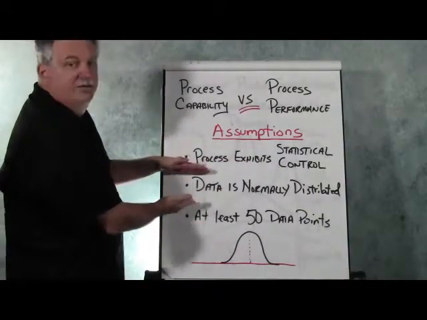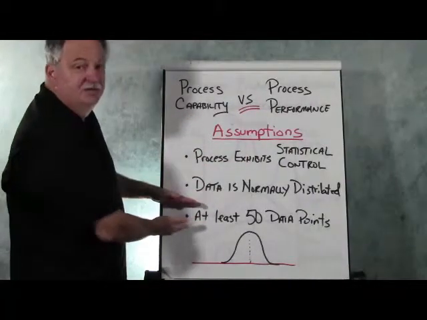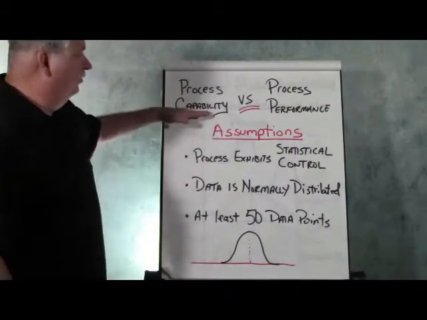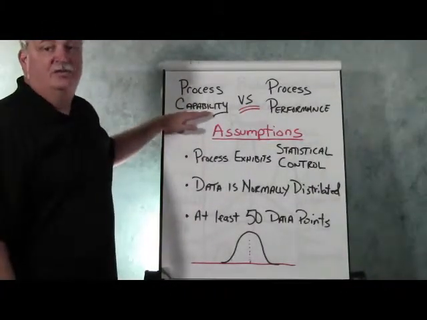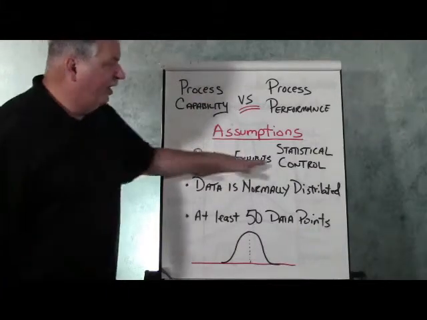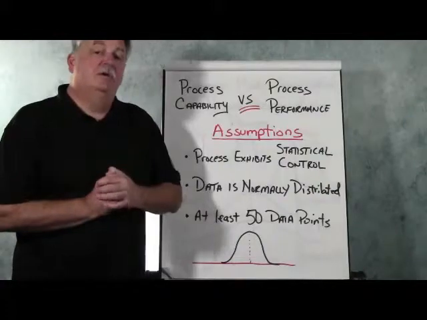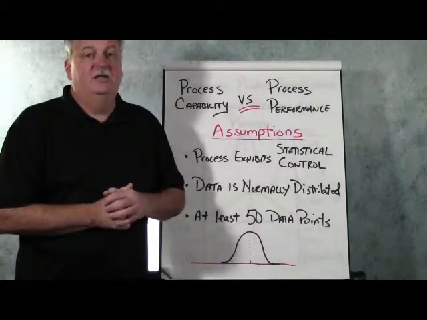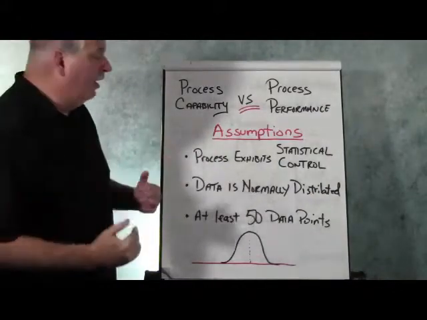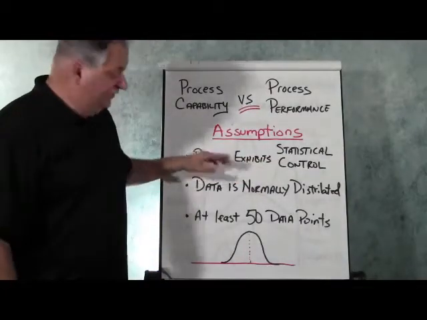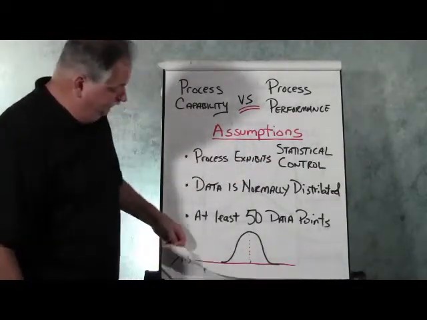It's normally distributed, and we've got at least 50 data points. If we can meet all of these criteria, then we perform a process capability study. If we are not in statistical control, then that would be a current process performance study, which will give us an idea of where we are, but it's not the true capability because our process isn't stable yet. So we'd have to fix that.